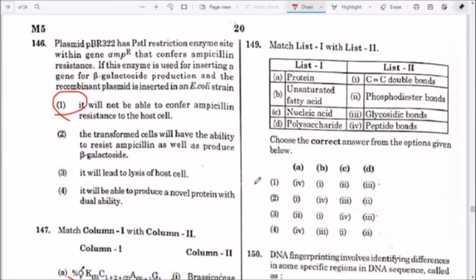So 149 is option 1, where protein is peptide bonds, unsaturated fatty acids means double bond, nucleic acid has phosphodiester bonds, and polysaccharide is glycosidic bonds.